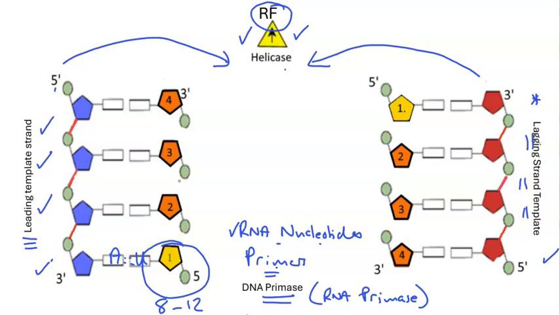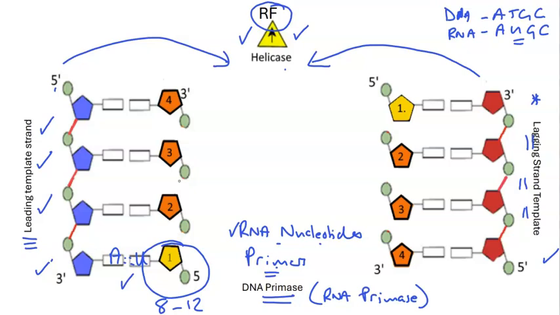So we have to remember that whilst DNA has the bases A, T, G, and C, RNA nucleotides would come in with A, U, G, and C. And so we have this change here of thymine to uracil, which I've illustrated here.